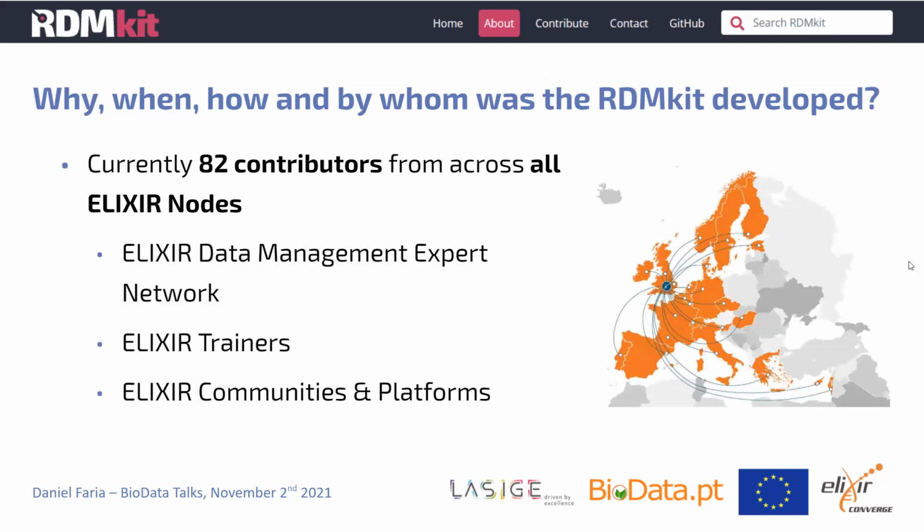The actual content was contributed by currently 82 contributors from across all ELIXIR nodes. And these include members of the ELIXIR Data Management Expert Network, which is a network formed at the onset of the Converge project, but also members of the ELIXIR training community, as well as members of several ELIXIR communities and platforms.